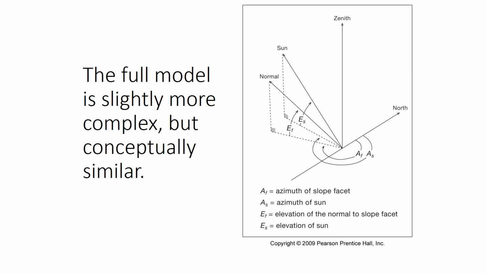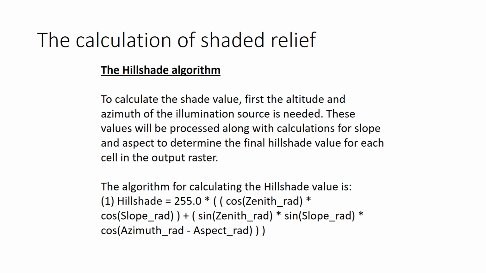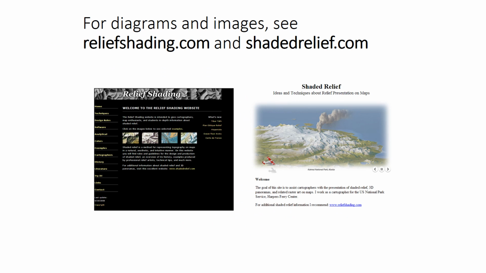So if it's not directly overhead, it needs to be out of direction, and so we need to specify that as well. The calculation of shaded relief is not all that complex, so this probably looks more difficult than it is, but it's not really much more than multiplications and some simple trigonometric functions. So we're taking the cosines and sines of slopes and zeniths, azimuths, and all of that stuff is fairly straightforward. So you can literally just plug and play this into a Hillshade algorithm.